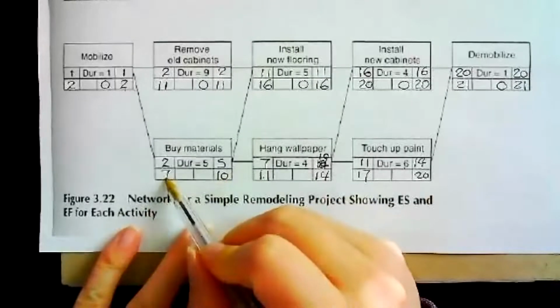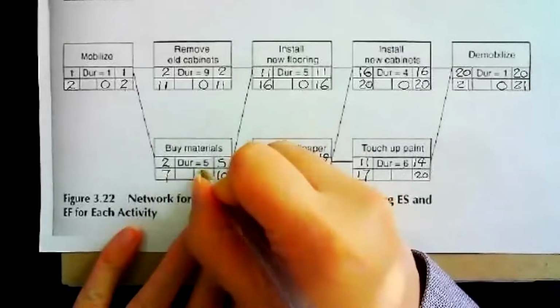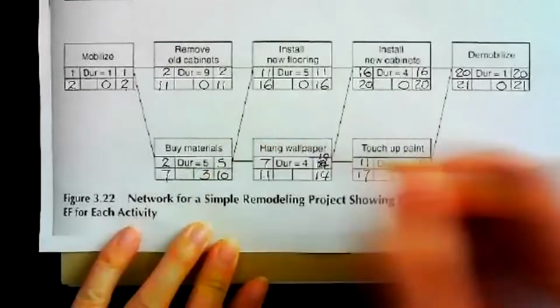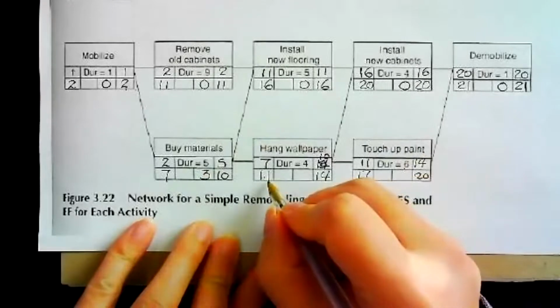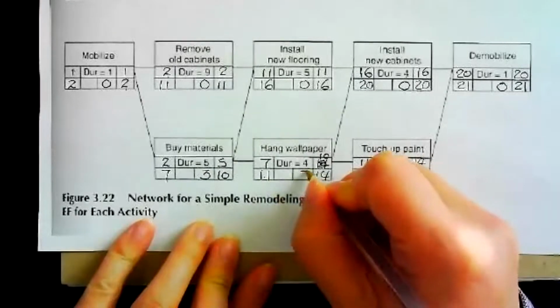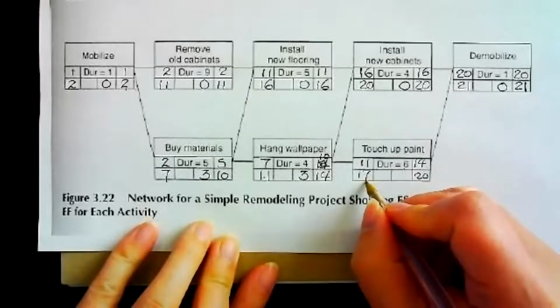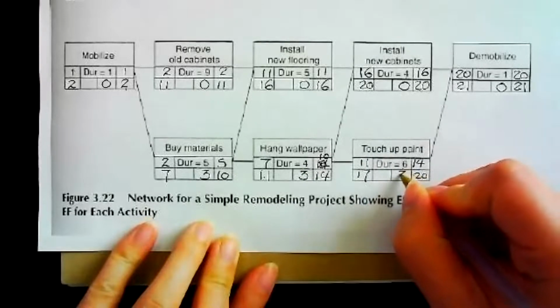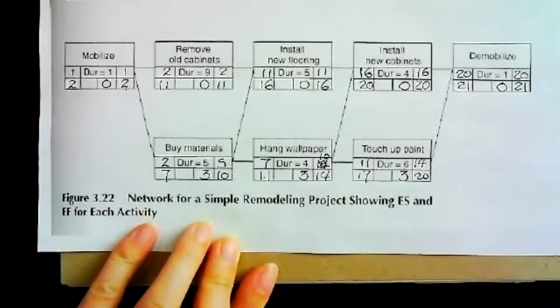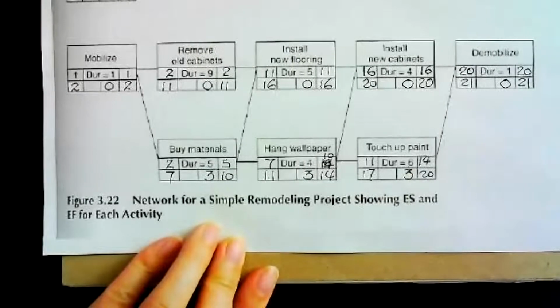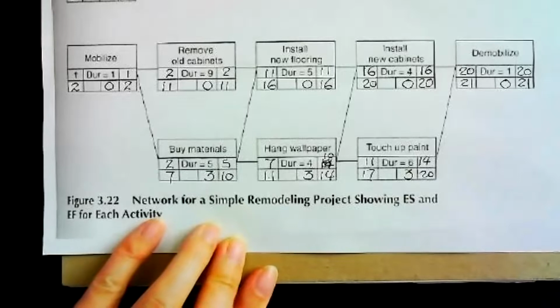Here, 10 minus 7, 3. 14 minus 11, 3. 20 minus 17, 3. That's total float. Very easy to calculate.